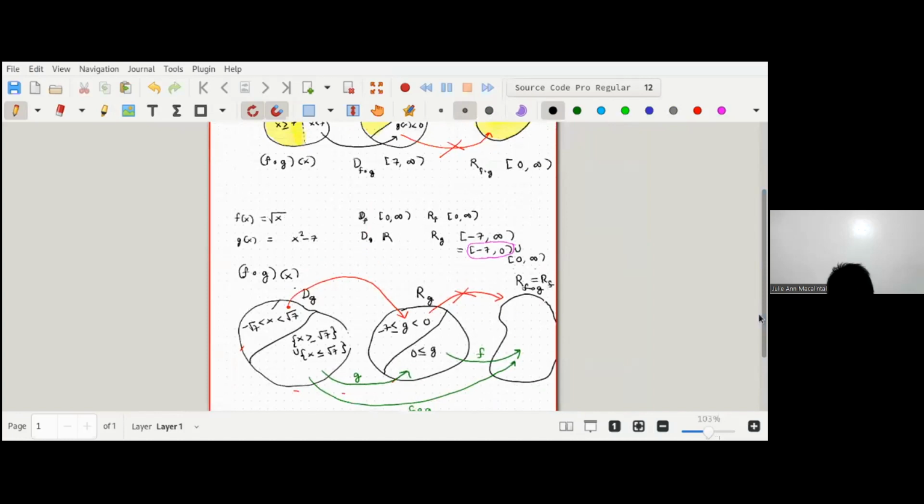So, basahin mo yung exercise kasi medyo subtle yung domain range tracking eh. So, you need practice on that. Basahin mo yung examples, make sure na cover the solutions and then compare your work.